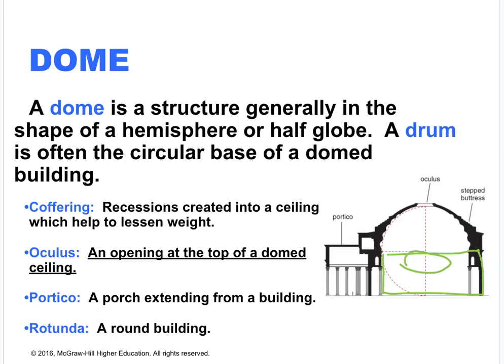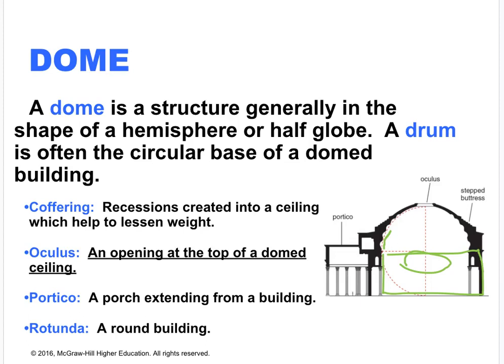And then the dome is built on top of that. They don't list these in your vocabulary, but these are like buttresses that support the dome from the outside as well. So it's almost built more like in rings.